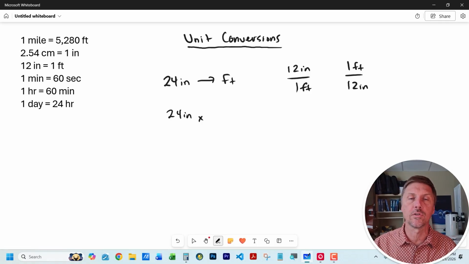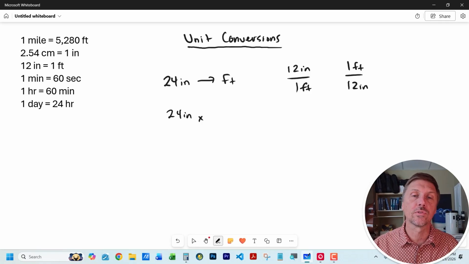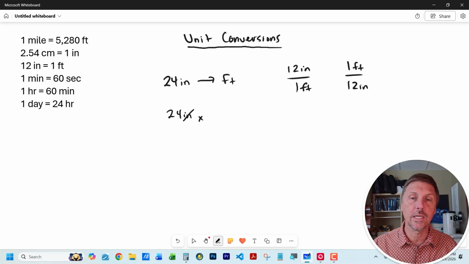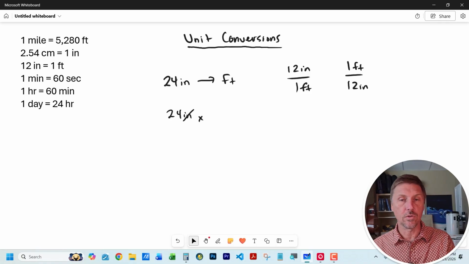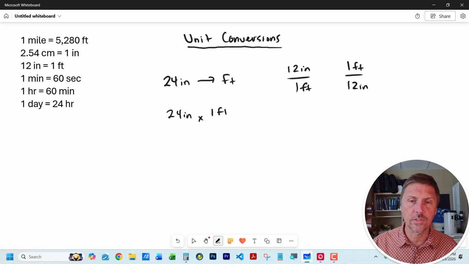Remember, one variable over another cancels out. What we want to cancel out here is the inches unit, because we want to end up with feet. So we put feet on top, since that's what we want to end up with, and inches on the bottom because that's what we want to cancel out.